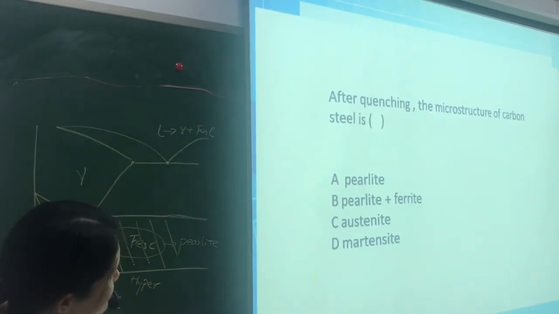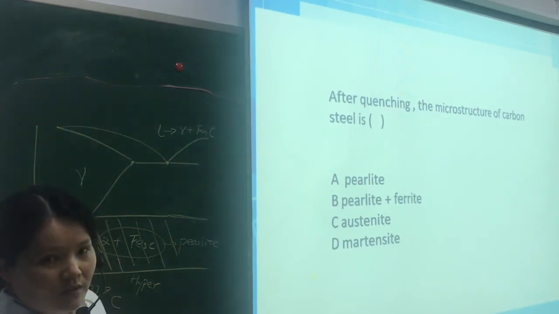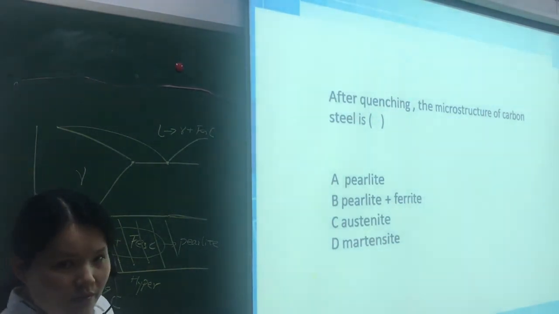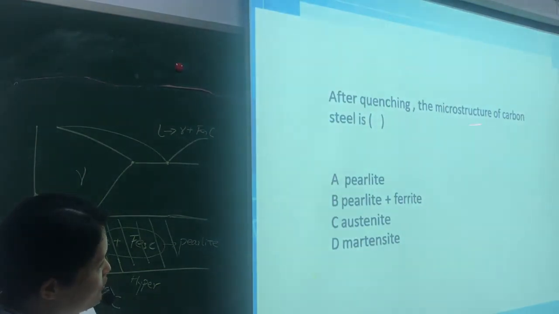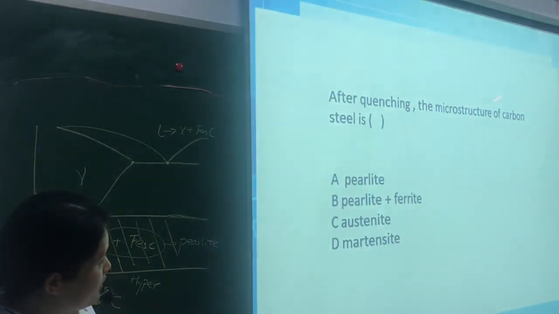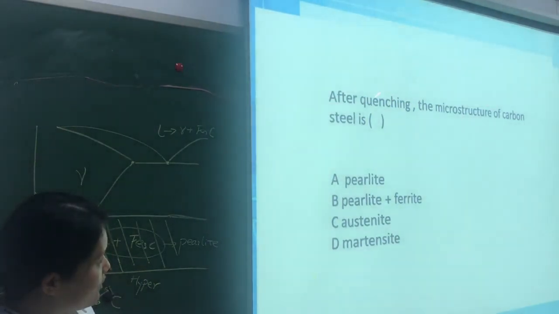After quenching, the microstructure of carbon steel is formed. Quenching means cooling the steel very quickly.